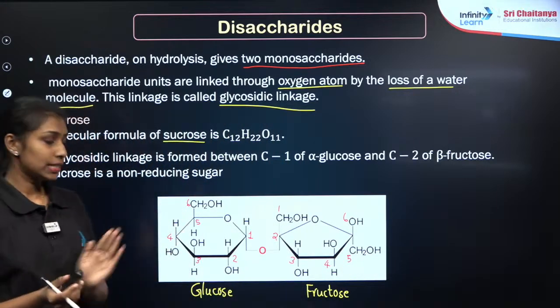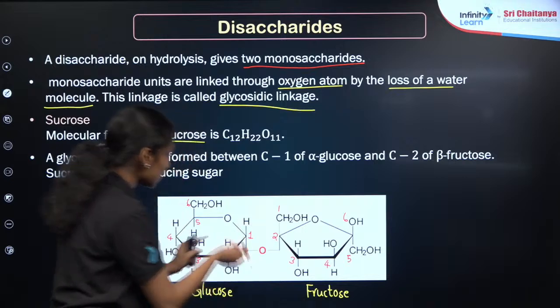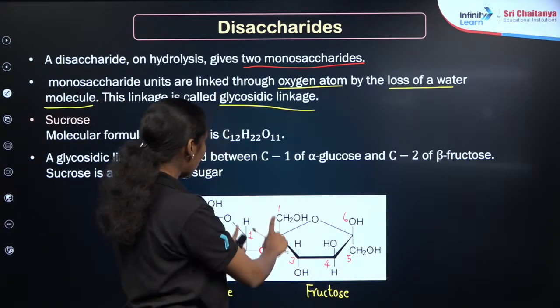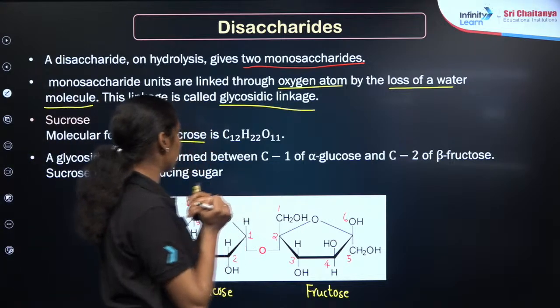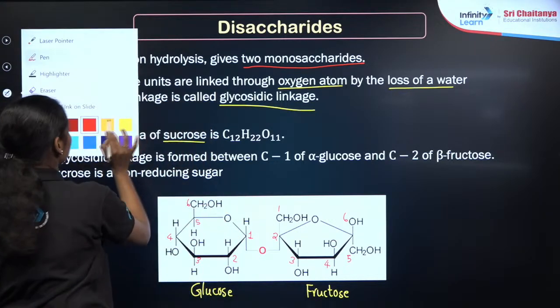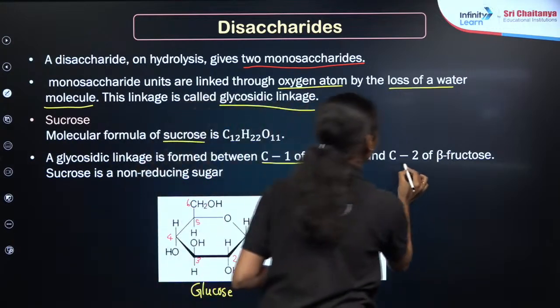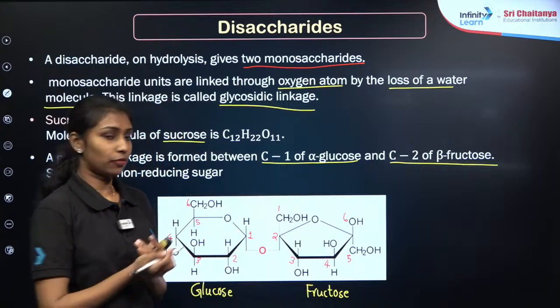Numbering the carbons, you can say that the first carbon atom of the glucose combines with the second carbon atom of the fructose to form a 1,2 glycosidic linkage. C1 of alpha glucose and C2 of beta fructose.